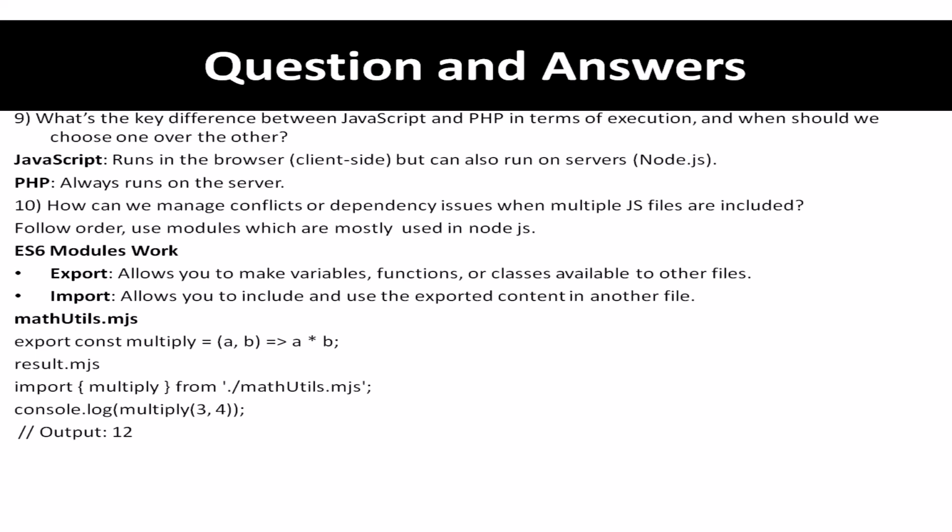Next, how can we manage conflicts or dependency issues when multiple JavaScript files are included? The first and foremost thing is following the order. In the previous example we had hello and bye, two buttons we created.